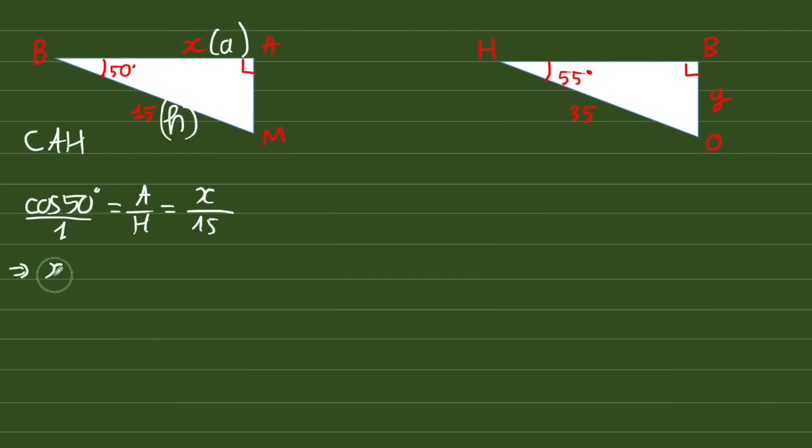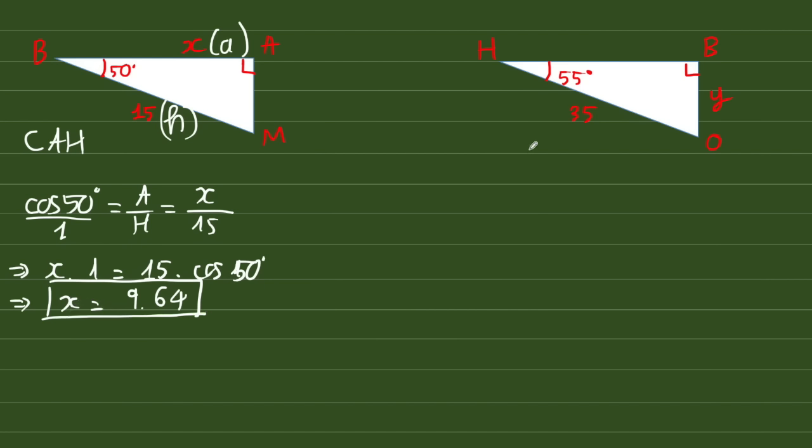Cross line will tell you h times 1 equals 15 times cos 50, and you get 9.64.